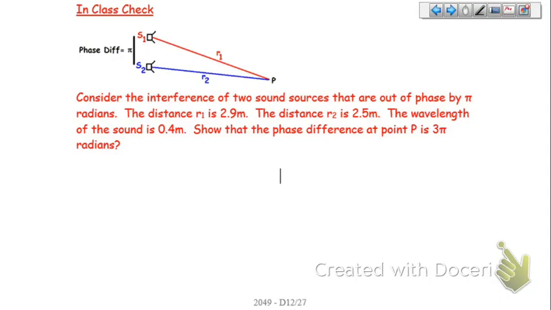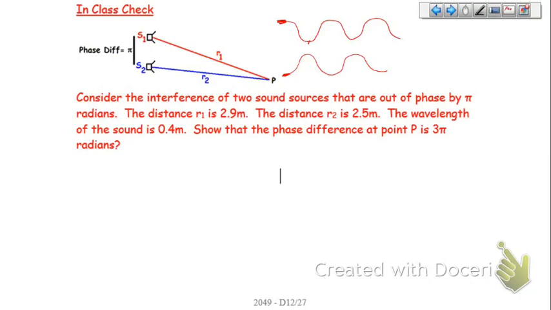But if it's 1 pi difference, I'm half a wavelength behind. There's the top one going push, pull, push, pull. If this is half a wavelength behind, then it's there. So now this one's going like that. So when one of them is pushing, the other one's pulling. That's half a wavelength. It's worthwhile playing with these things just to change it from a math problem to a visualization thing.